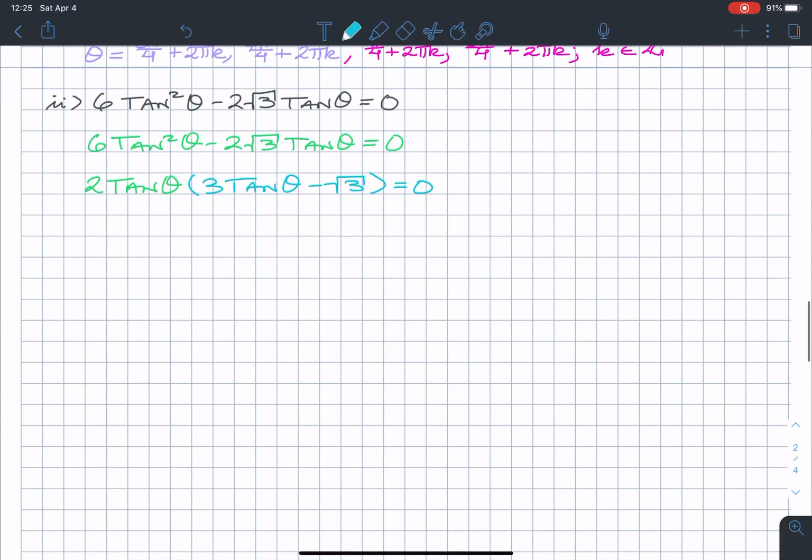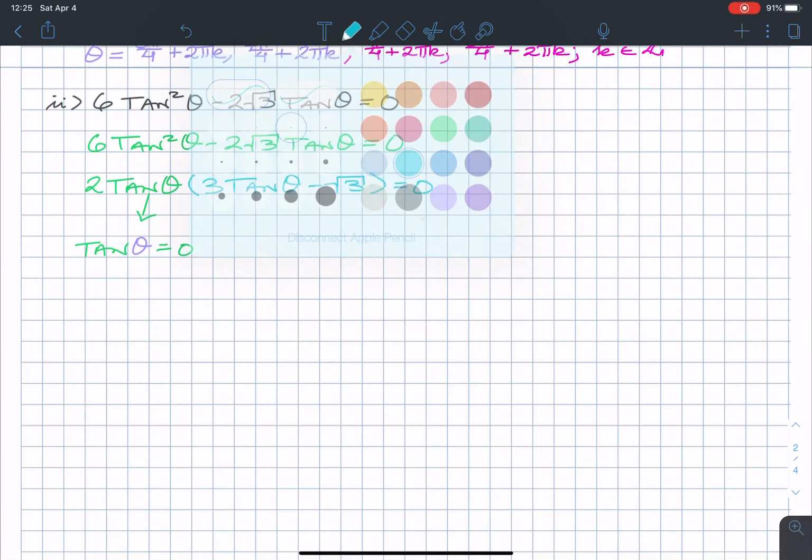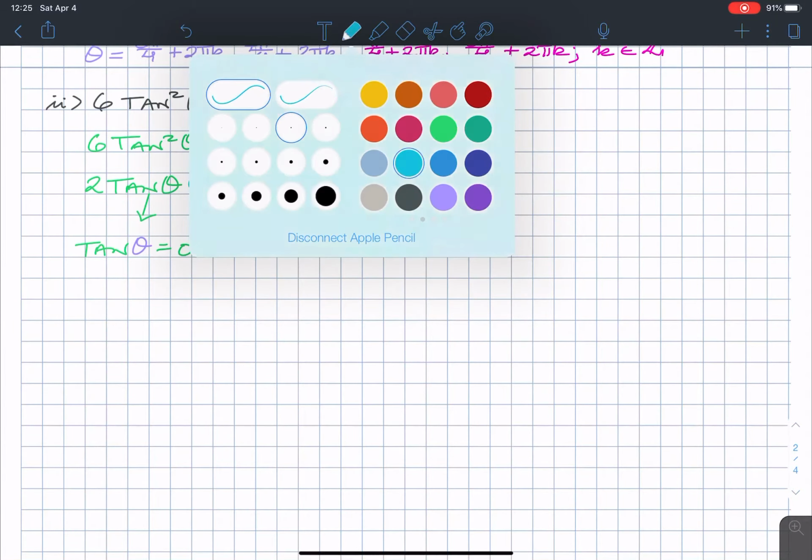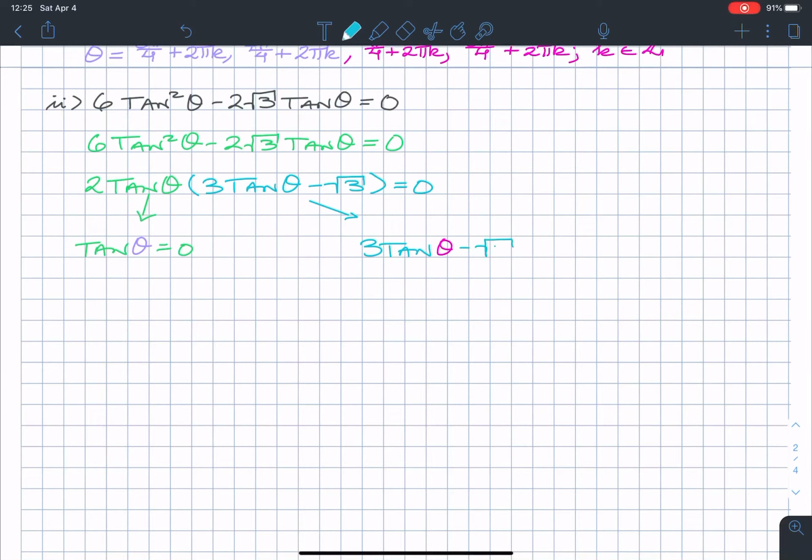Okay, so using the zero factor property, I have that either tangent of theta is 0, or I have that 3 tangent of theta minus root 3 is 0. So let's solve both of these.